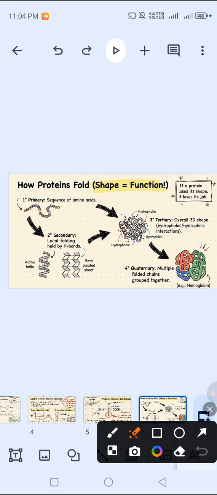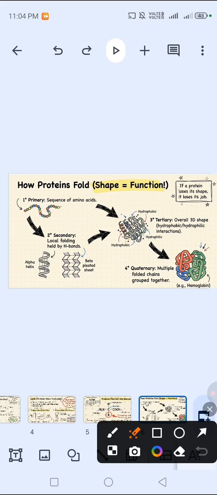Okay, so secondary structure or 2 degree is local folding by hydrogen bonds into an alpha helix or beta sheets, you can see here. Okay, in between there is a hydrogen bond for the stabilization of these structures.